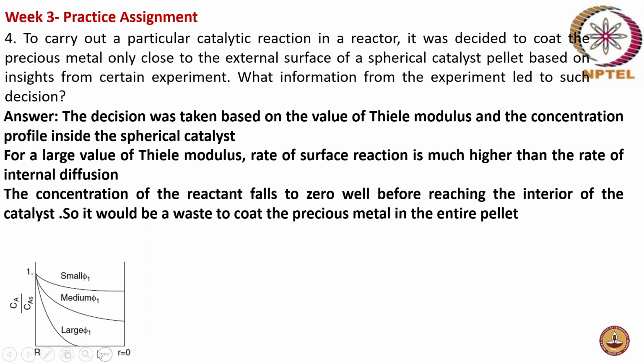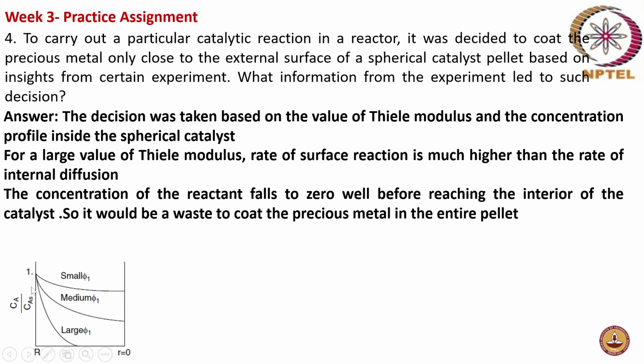If you look into this graph, it is plotted with concentration of A versus the characteristic length, that is the pore diameter. When R is the external surface of the catalyst, and R equal to 0 is the center of the catalyst.